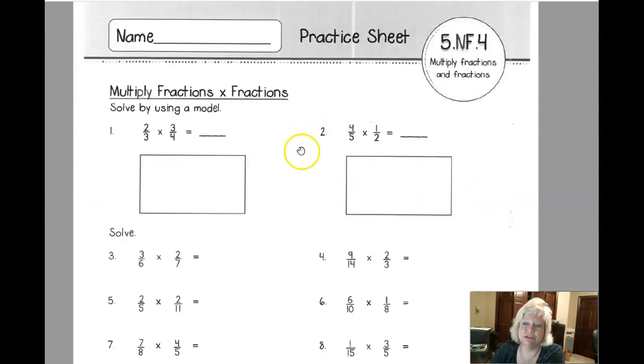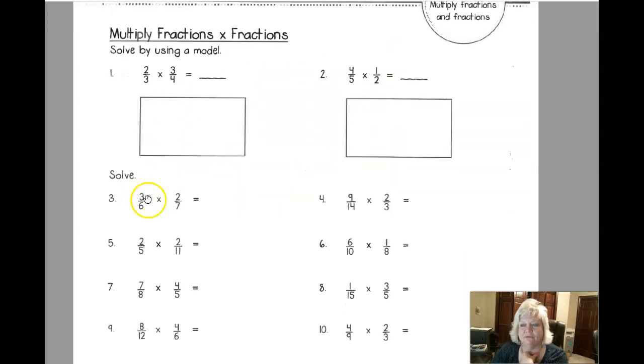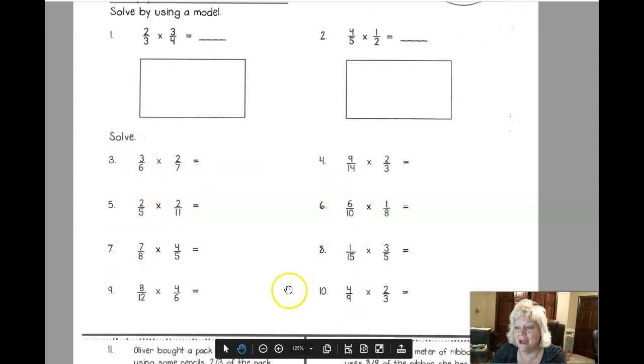Today, I want you to just do a two-sided worksheet. The first one is showing me that you know how to draw the arrays in here, that you know that one way has to have 4 spaces and one has to have 3. And then you're going to do the coloring in on both of these two. Now, down here, you do not have to draw the boxes. You can just go straight across and multiply.